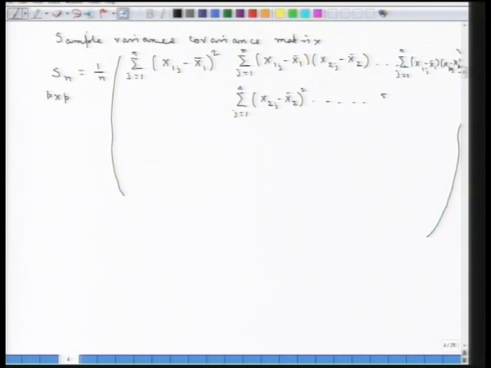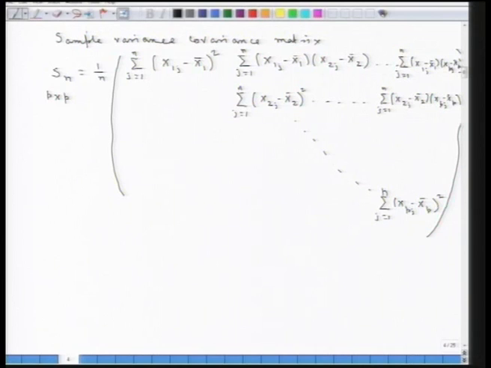The last entry in this row would be x2j minus x2 bar, multiplied by xpj minus xp bar, j equal to 1 to n, and the last diagonal entry, the p,p element of this matrix, would be the sum over j equal to 1 up to n of xpj minus xp bar whole square.